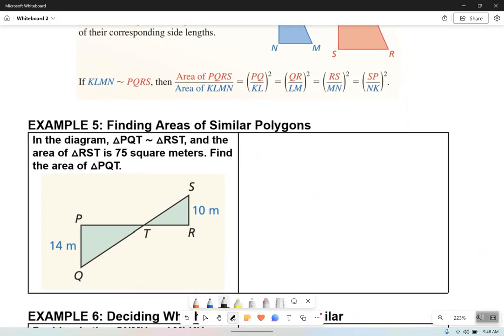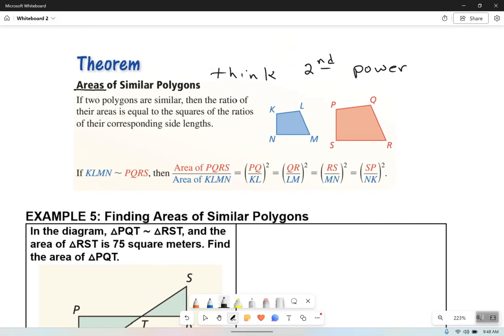So this formula down here says this. It says if the two polygons up top are similar, KLMN similar to PQRS, then the area of PQRS and the area of KLMN is equal to PQ over what? Okay, do you guys agree if you look at this right here? I'll pull this down here real quickly. But if you look at where PQ is, do you guys see PQ right up here? And do you see KL right here?